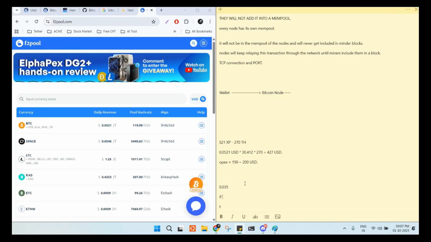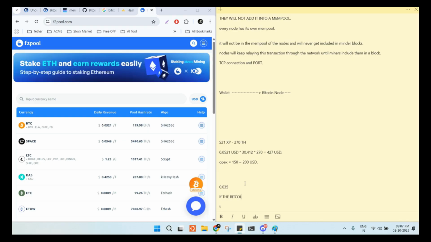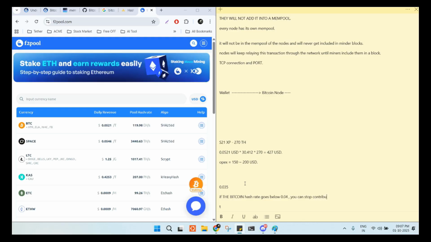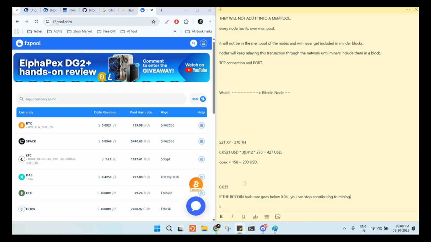If the Bitcoin hash rate goes below 0.04, and you factor in some other expenses, then you can stop contributing to mining, because otherwise you might go into loss, right? Because of how much you are spending on electricity and everything as per the OPEX, you will not be getting enough.